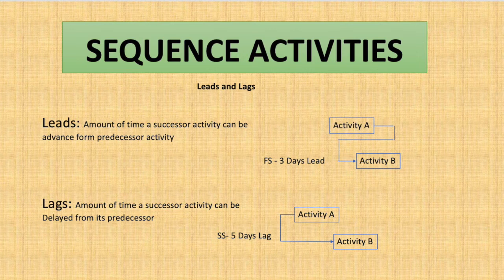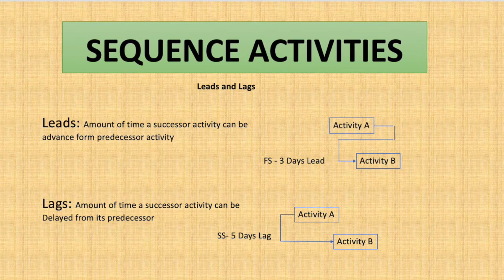We cannot wait until we finish all the walls with a single coat and then start the second coat. So for the first 5 days we complete the first coat on one wall, and after 5 days we start the second coat, while we keep doing the first coat on the remaining walls. We delay the successor activity for 5 days, but they run together with a 5 days difference.